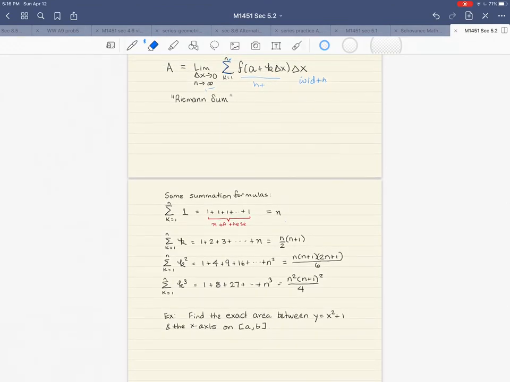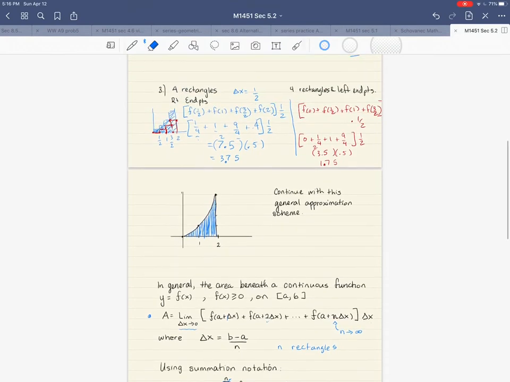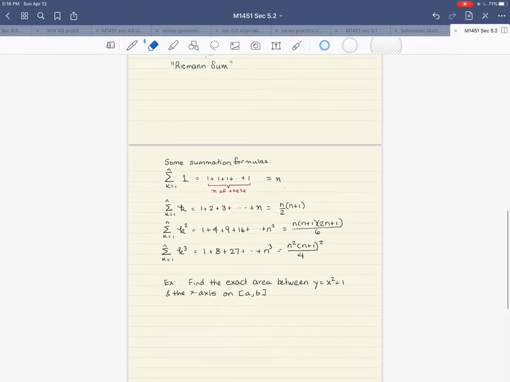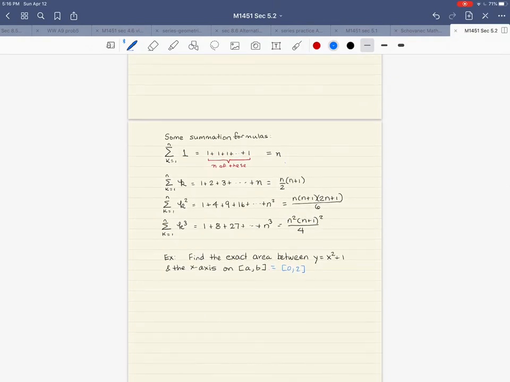So my goal is to form sums that look like f of a plus k delta x. In our example, we were going from 0 to 2. So our a, b here is from 0 to 2. So a is 0, and then to get delta x, we take b minus a divided by n.